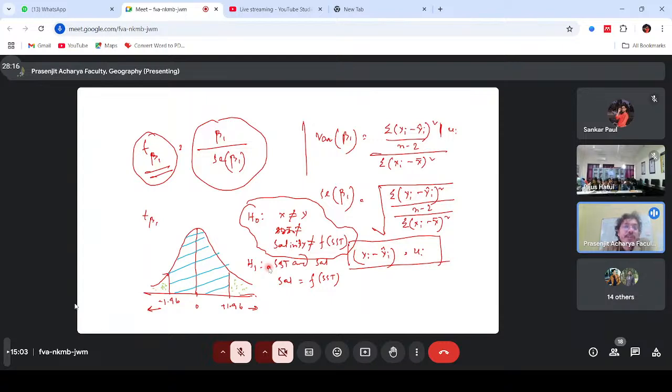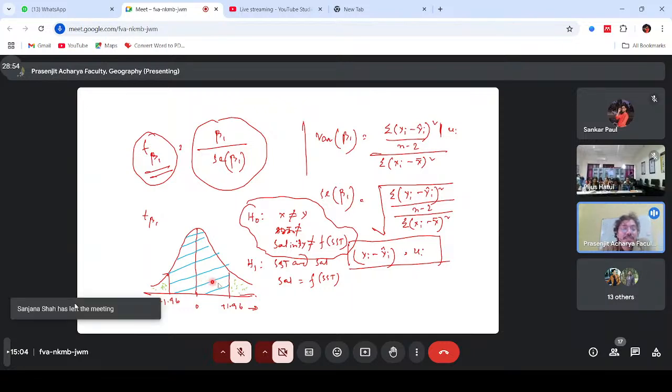Once we convert our estimator into a t value, so we have our estimated beta 1, if we convert that beta 1 into a t value, by simply dividing the estimated beta by the standard error of beta, we get the t value. Then we look at the t value distribution, where under the standard t distribution curve, negative 1.96 to positive 1.96 is the limit under the null hypothesis, which assumes there is no effect of literacy on fertility.